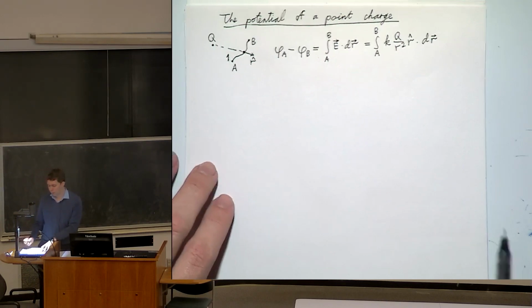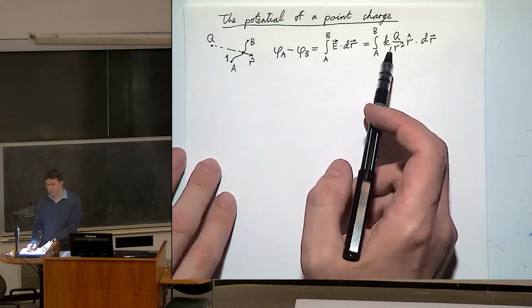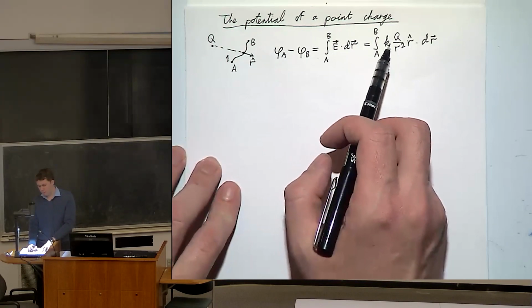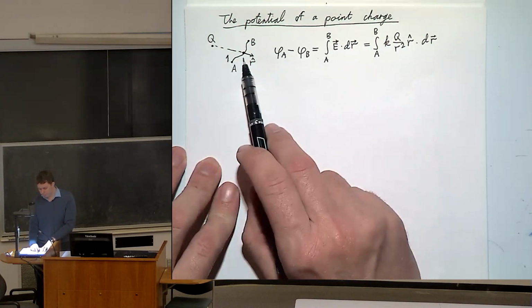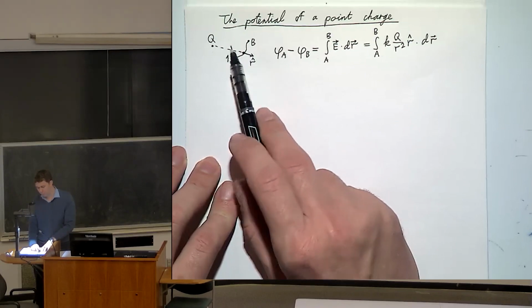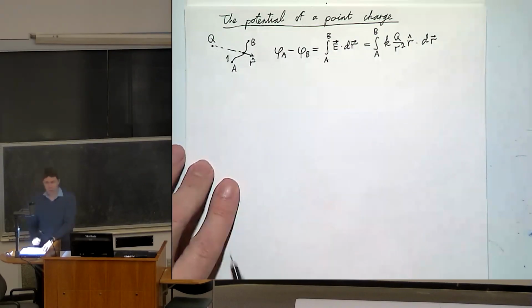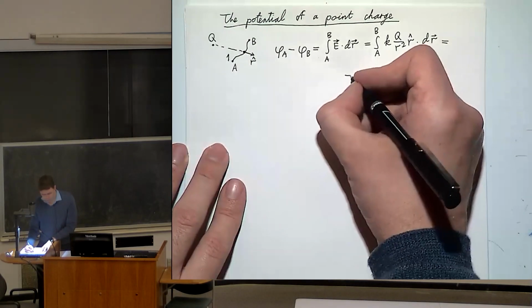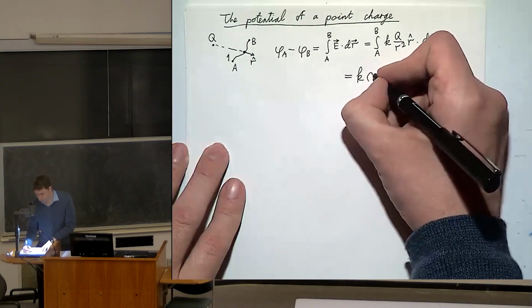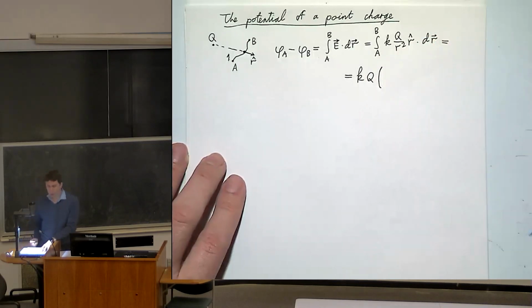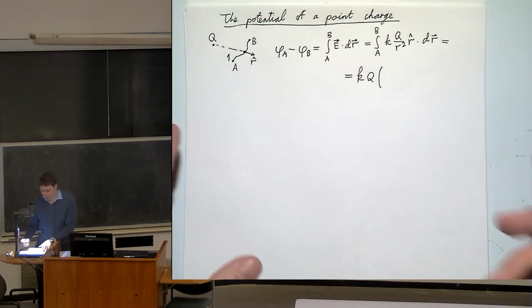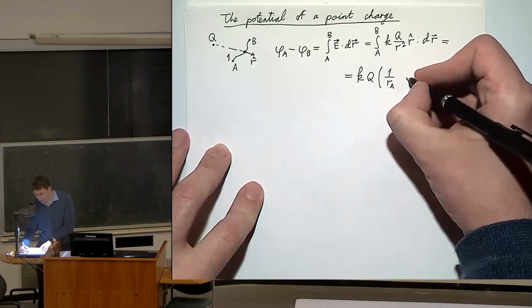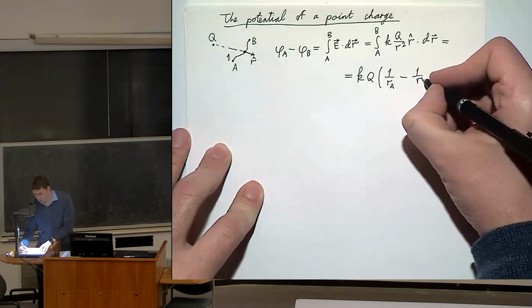So it was exactly the same, but with an additional prefactor, which was the value of the charge moving in the field of charge Q. So we know how to take this integral, and I'll just write down the result that we obtained last time. It's going to be kq, this prefactor, 1 over Ra minus 1 over Rb.